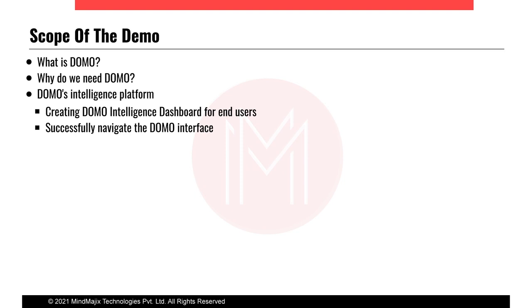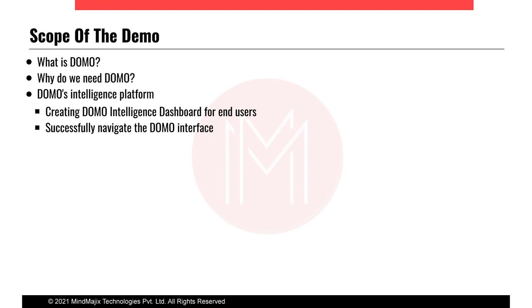It's pretty intuitive. It's like a GUI interface, a graphical user interface, where any person who doesn't understand the data engineering aspect of the analytics will still be able to self-serve their data needs. So that's why Domo is picking up very, very fast.